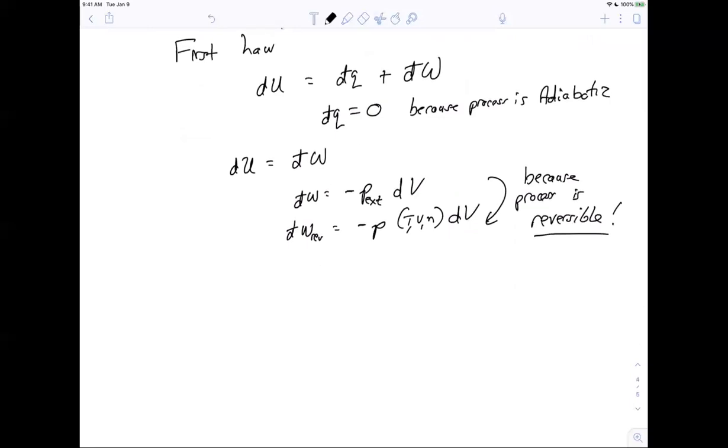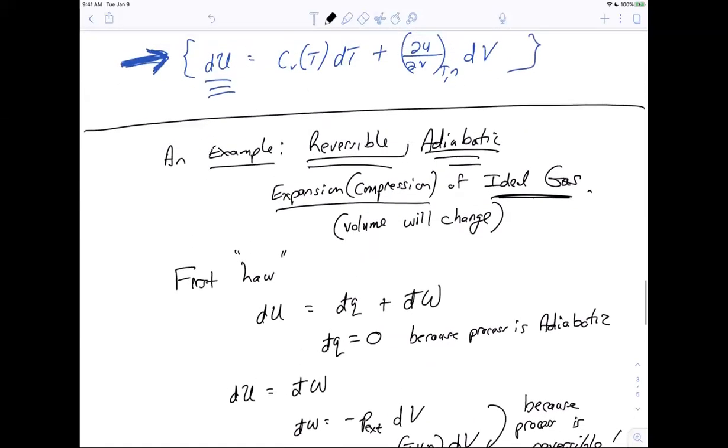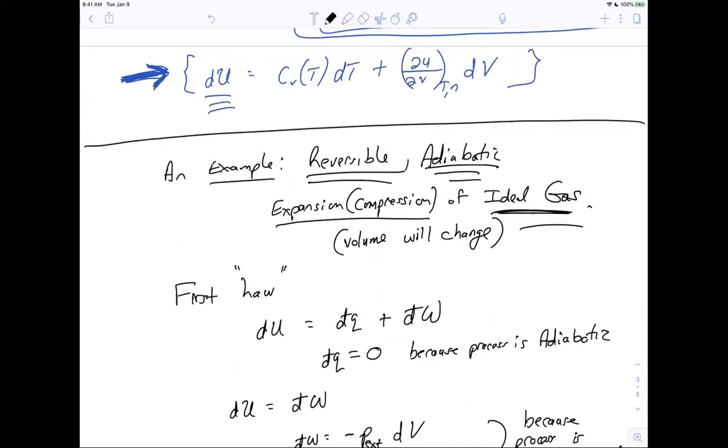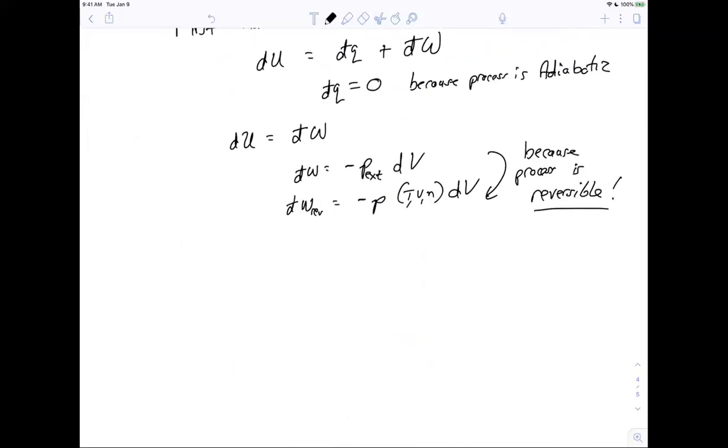We're also told that the gas is ideal. So the gas is ideal. It's modeled by the ideal gas equation of state. So pressure as a function of temperature, volume, n is equal to nRT over V for the ideal gas equation of state.